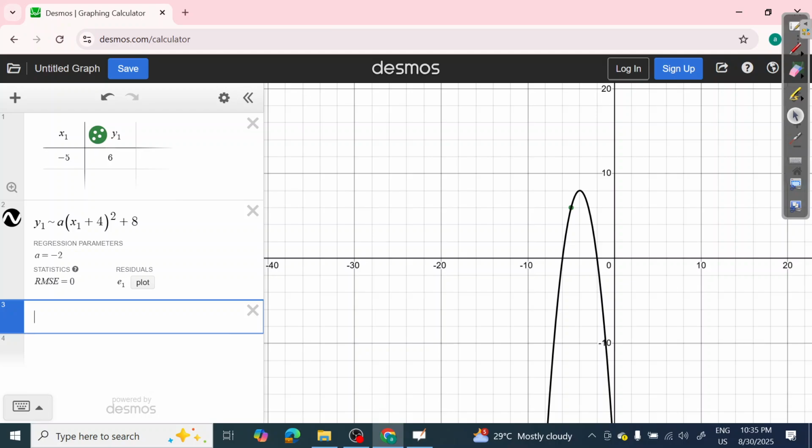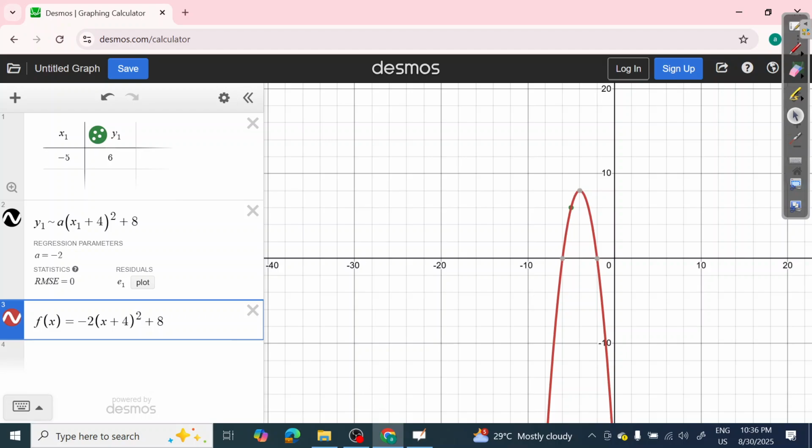Either you can write down the values, I always prefer writing values, or you can also write this in the general form. Both will work. So let me try something different. I'll not write it in the general form. I plug in the values: x plus 4 whole squared plus 8.